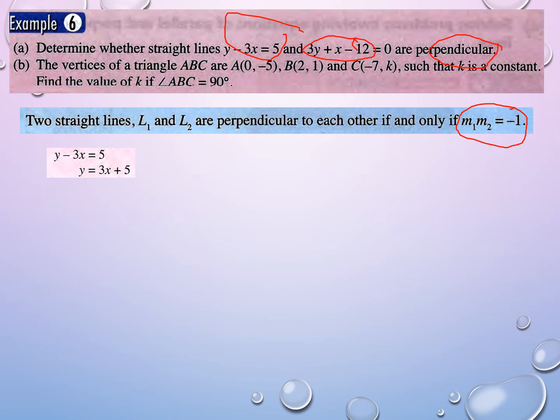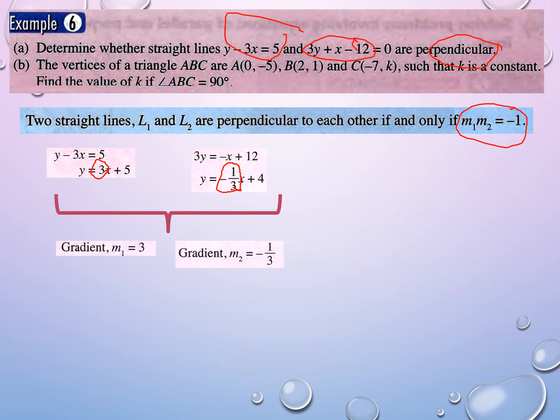Shift over, make sure the y only has 1 as the coefficient, and the second equation also the same thing, make sure the y also has a coefficient of 1. So mx plus c. Since they are perpendicular, if I can show that when I multiply the two numbers I get negative 1, it means they are perpendicular.